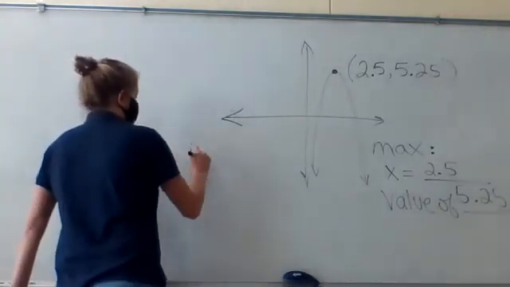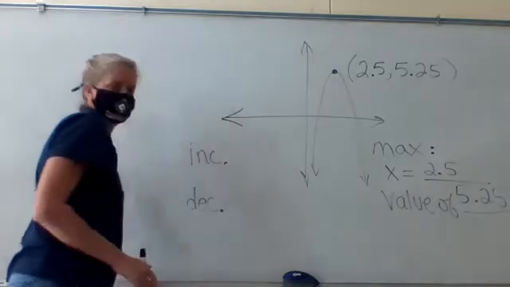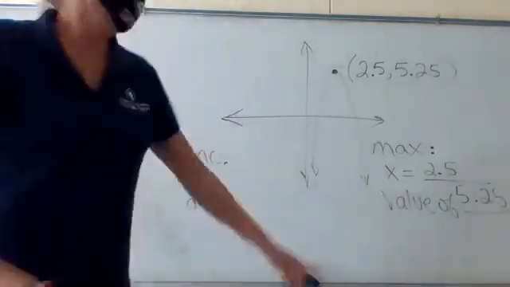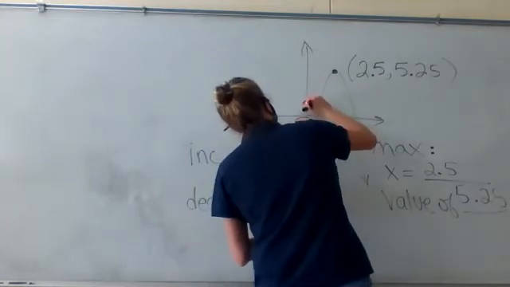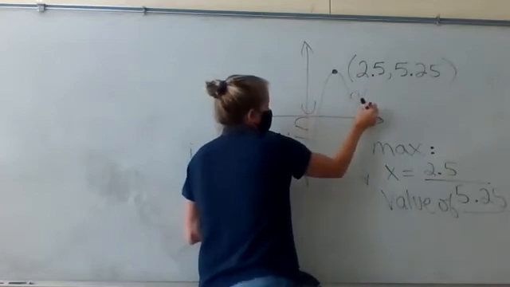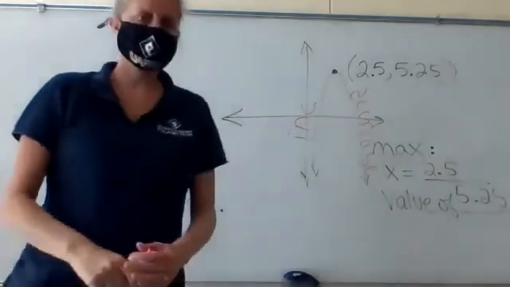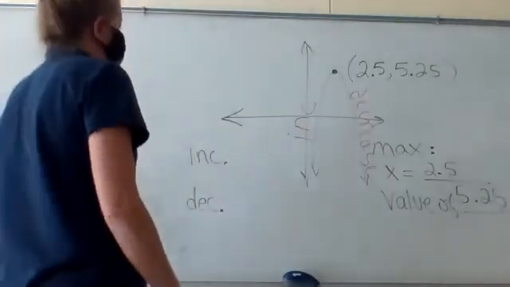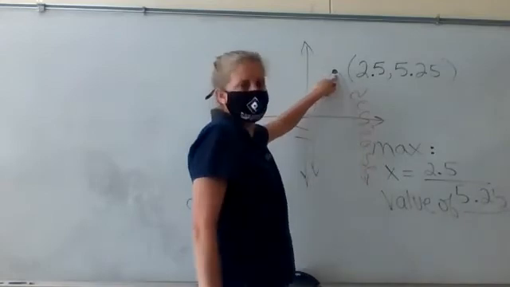And then it wants to know where it is increasing and where it is decreasing. Well, if this is the maximum, that means it's going up until it gets there. So this is your increase side. It gets to this point and then it starts going down. So that's your decrease. It's increasing all the way from the left until it gets to this point.